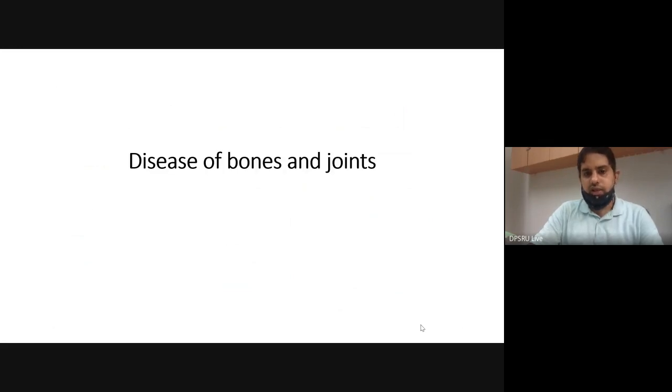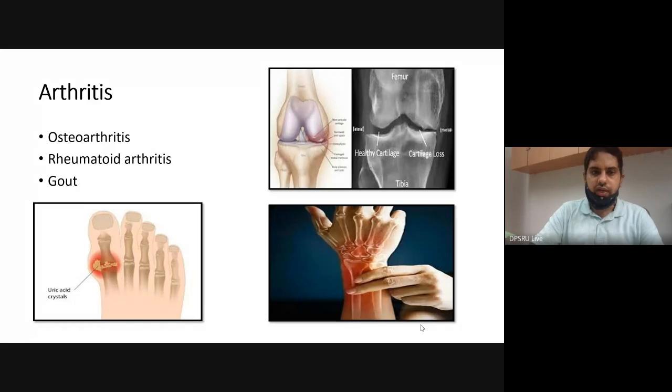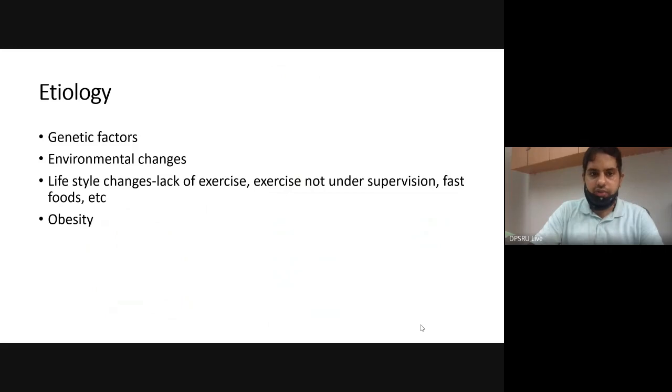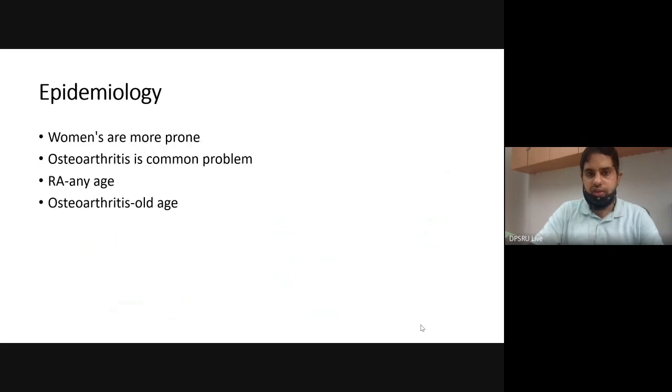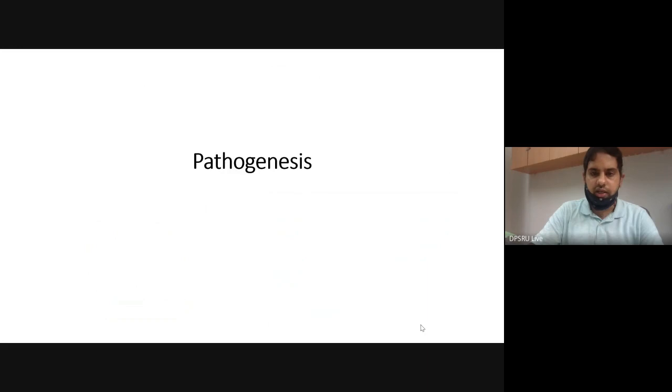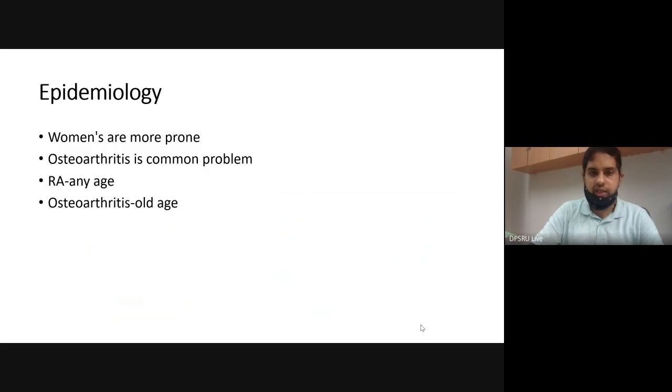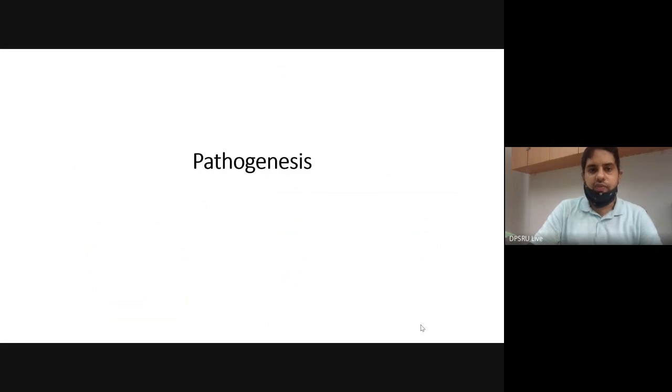In the last class, we discussed diseases of bone and joint, and in these we discussed different types of arthritis, and how we can differentiate them based on signs and symptoms. So we know about osteoarthritis, rheumatoid arthritis, and gouty arthritis. These are the main arthritis, and we discussed their etiology and epidemiology. Women are more prone, and rheumatoid arthritis can happen at any age, whereas osteoarthritis is an old age disease.